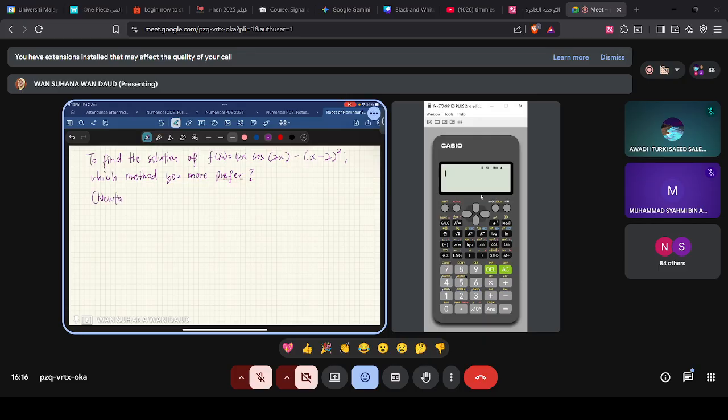Newton-Raphson or secant method? Okay, please write your answer.